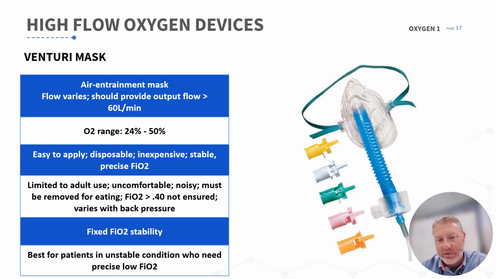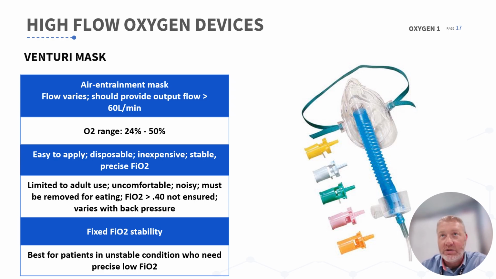Each adapter will have a FiO2 and a flow to set it at. And it's extremely important that you always set the flow as it says on the adapter for it to achieve the FiO2 that the adapter says.